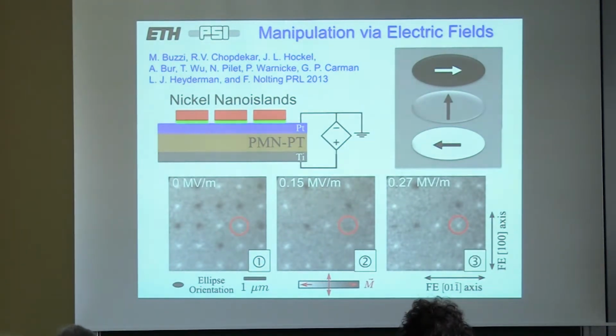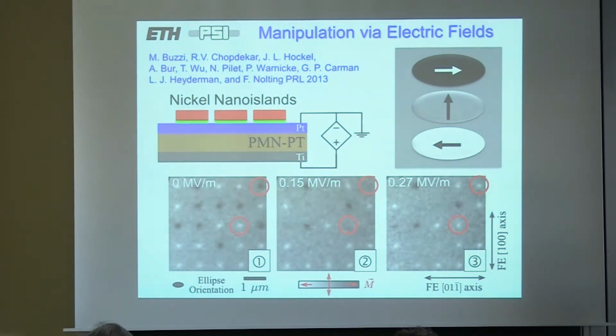So if I look, for example, at this magnet, then the magnetization is pointing to the right, rotating by 90 degrees, and then relaxing back to point to the right. And if I then look at this magnet, the magnetization is now pointing towards the right, rotating by 90 degrees, and then flipping over to point to the left.